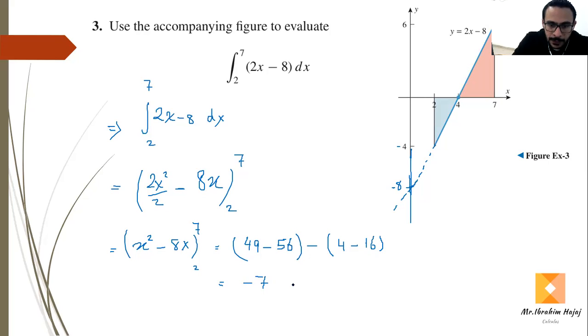So this is negative 7, right? And here minus negative 12, so negative 7 plus 12 is 5. It's a 5.